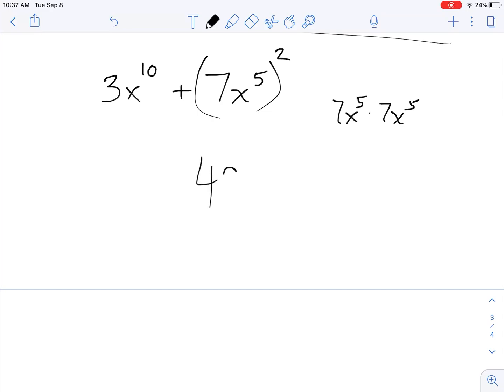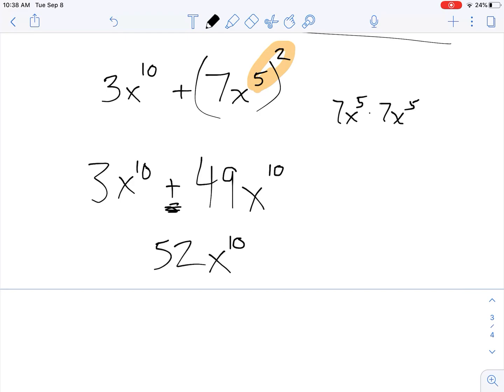So that's going to be 49x to the 10th, because when we powerize, we are going to multiply these. So I have 3x to the 10th plus 49x to the 10th. Those are like terms. I will add them. I will keep the exponent the same because I'm adding, and I will get 52x to the 10th.